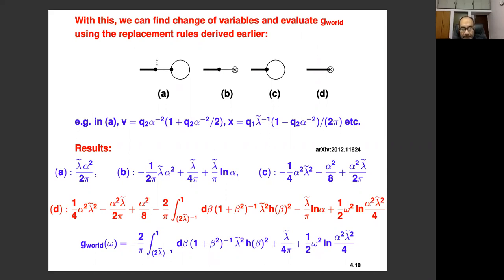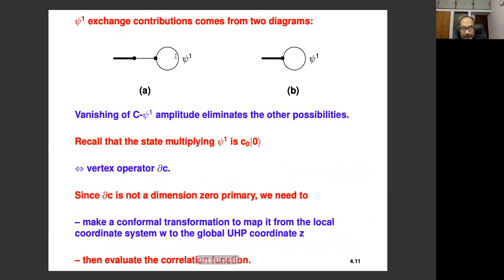So for example, here this leg couldn't be psi1. This can be psi1, but not this one. Similarly, here this leg couldn't be psi1 because it just vanishes. So either this could be psi1 or this could be psi1, and those are the 2 diagrams that I have drawn in the next slide. These are the 2 psi1 exchange diagrams.